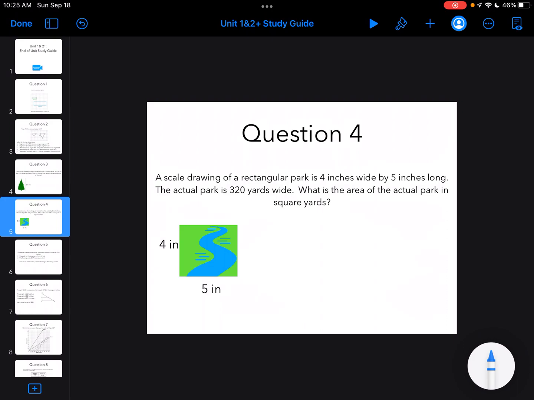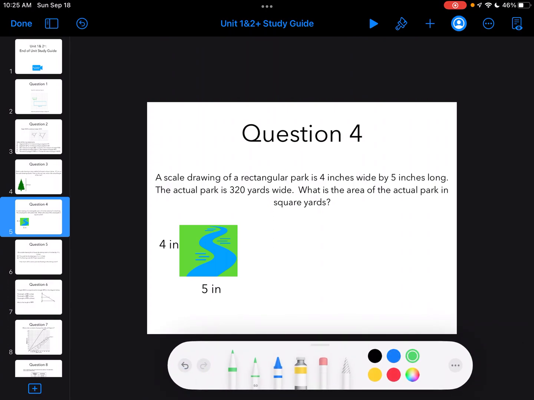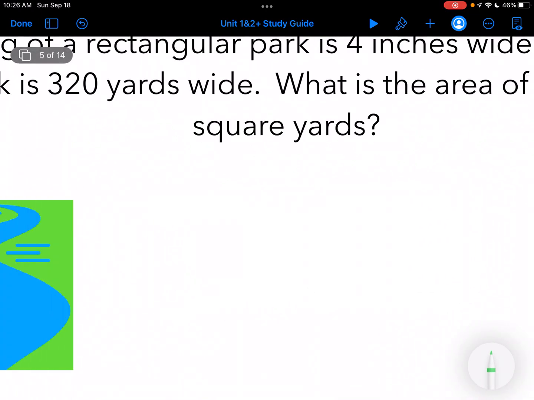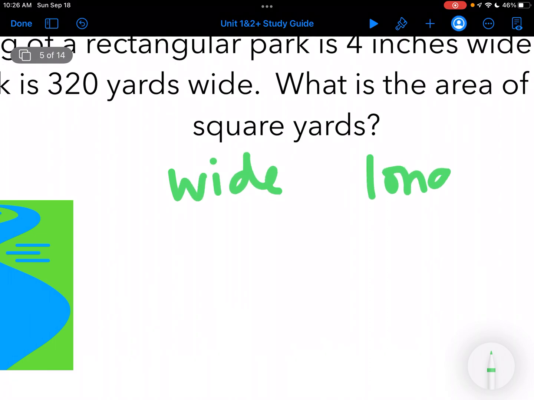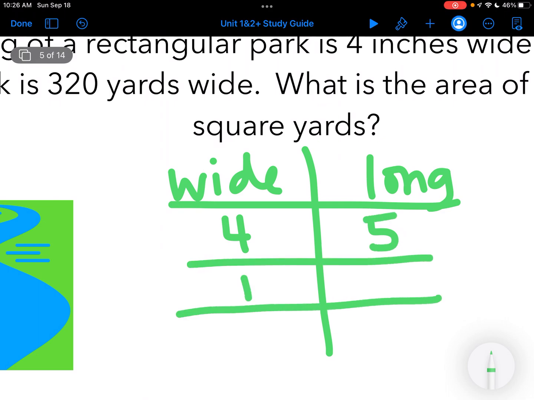All right, the scale drawing of a rectangular park is 4 inches by 5 inches long. The actual park is 320 yards wide. What is the area? All right, so I know I'm comparing wide to long. And I know I have to convert everything before I find the area. So I know I have 4 inches wide, 5 inches long. And then I've got 320 yards wide.